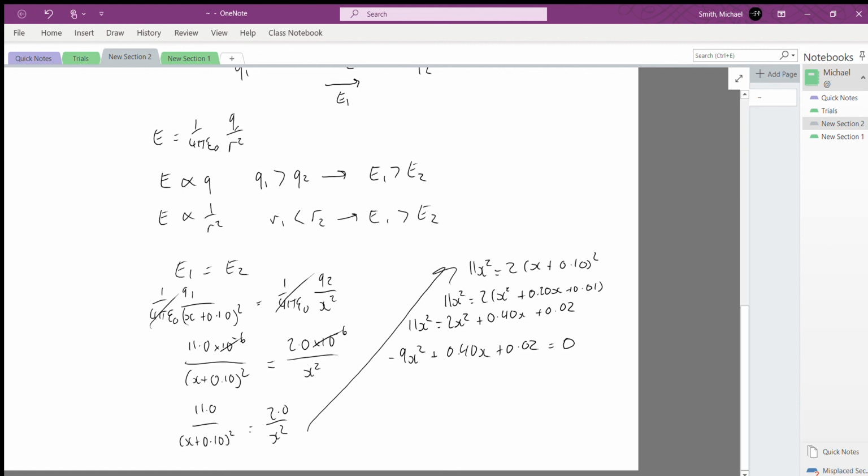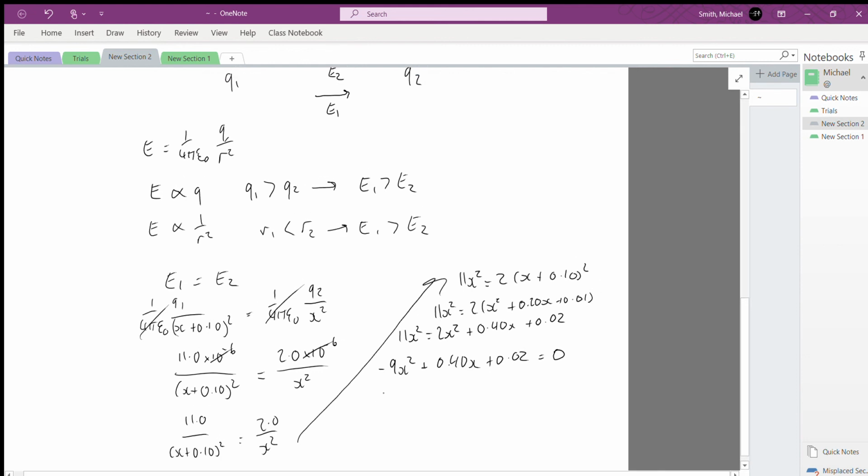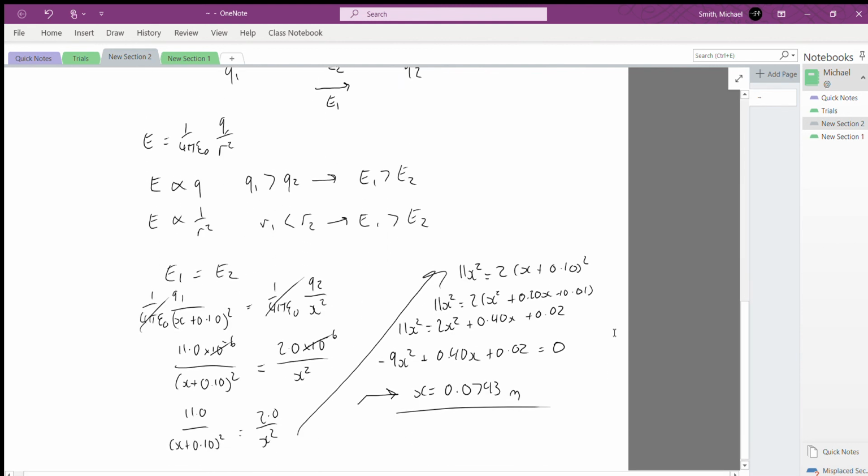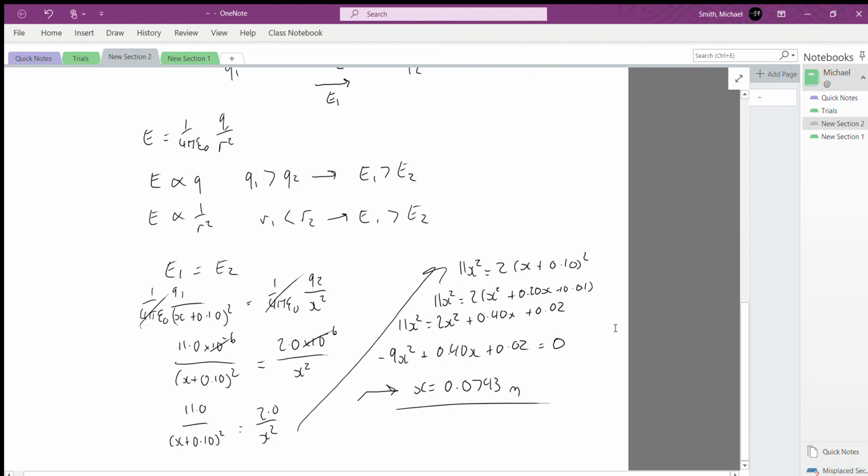You can either use the quadratic formula or whatever other method you have for solving quadratics. And if you go through that process, you should get a value of x of 0.0743 meters. Now, since this is more of a learning question, I'd probably use the equation solver mode on my calculator just to get the correct answer from this point.